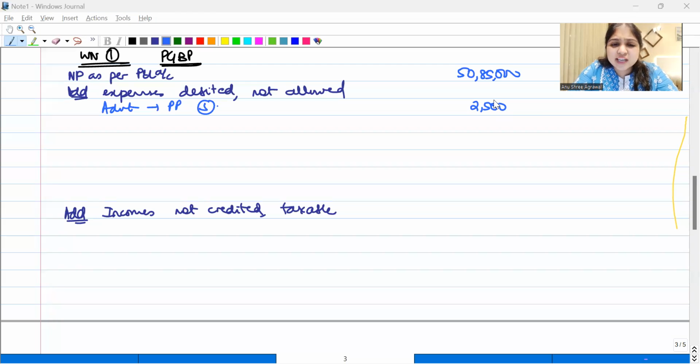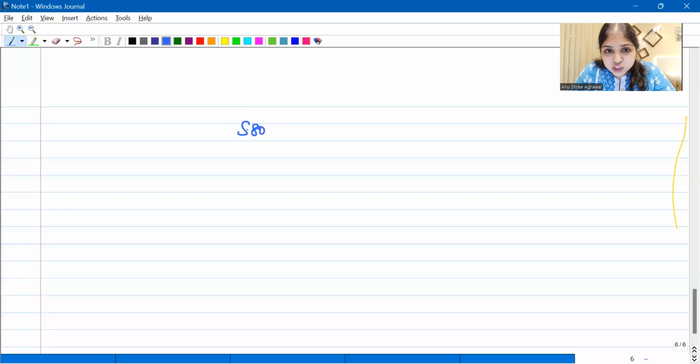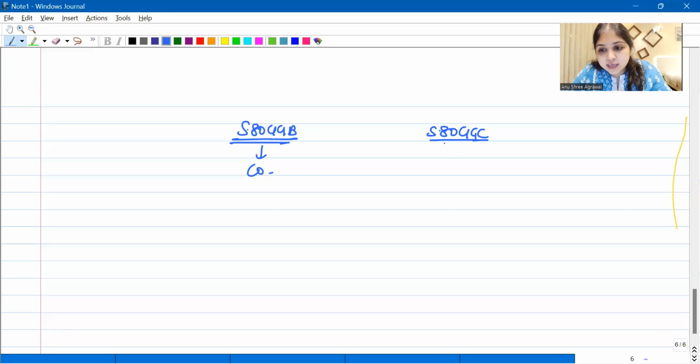Now listen. I will take it to which section? Political party, which section comes to your mind under chapter 6A? Immediately, listen carefully. There are two sections for political contributions, 80GGB and 80GGC. Now here my assessee is an individual. For individual, which section will apply? For company, which section will apply? 80GGB will apply for companies. 80GGC will apply for all other assessees.